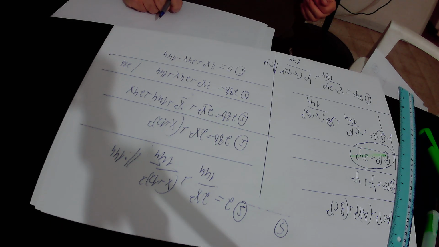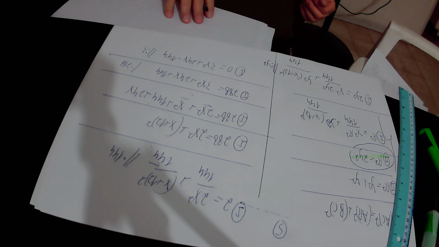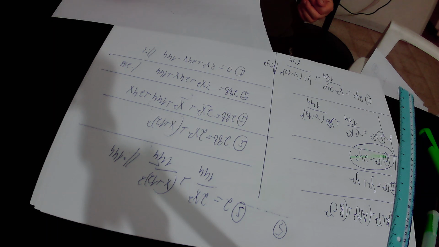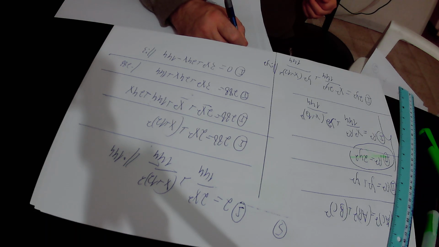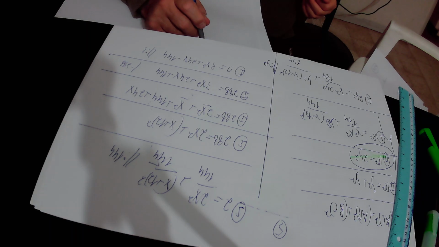So here we divide this quadratic equation by 3, and we get that 3x squared over 3 is x squared, plus 24x over 3 is 8x, minus 144 over 3 is minus 48, that equals 0.